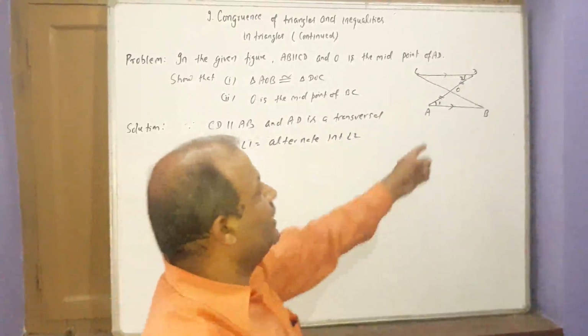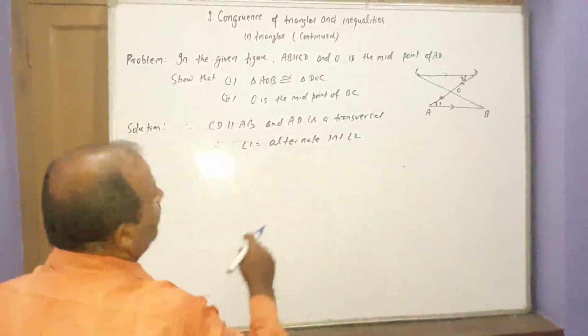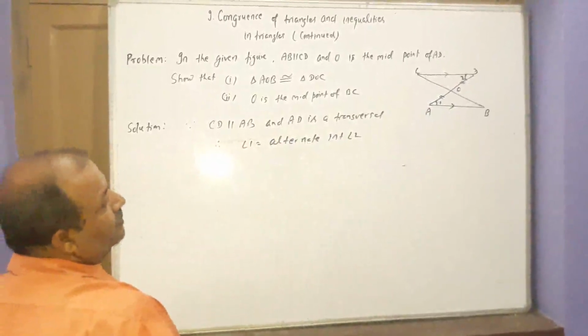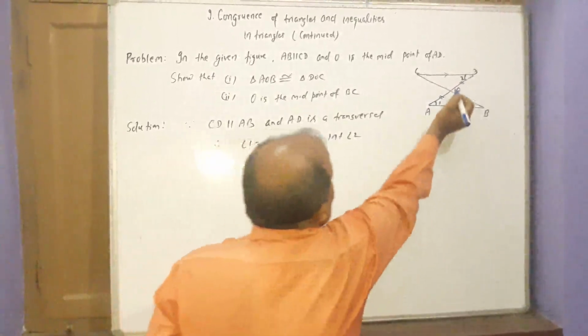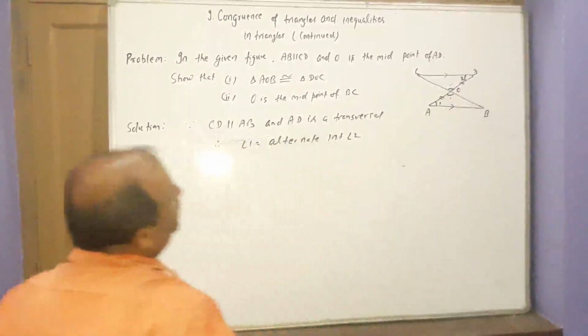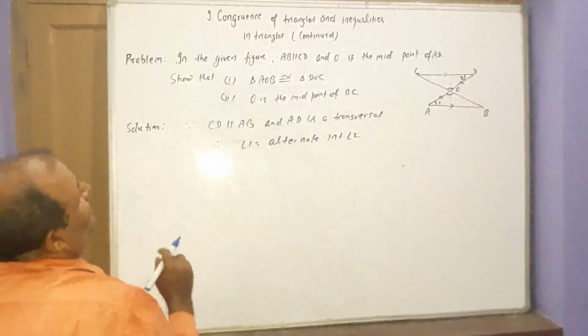You have already studied about it in your lines and angles chapter. These two angles are vertically opposite angles. Therefore, we will proceed to solve the first question.